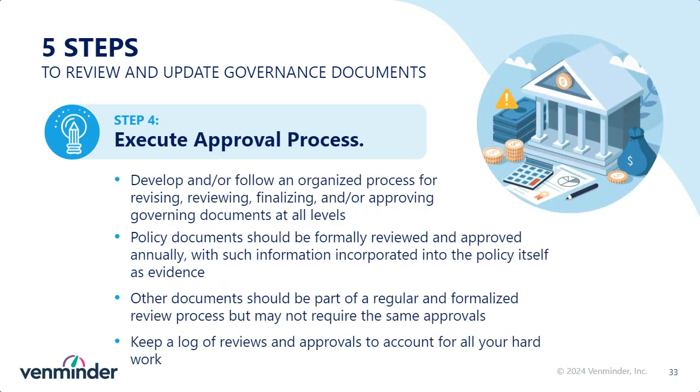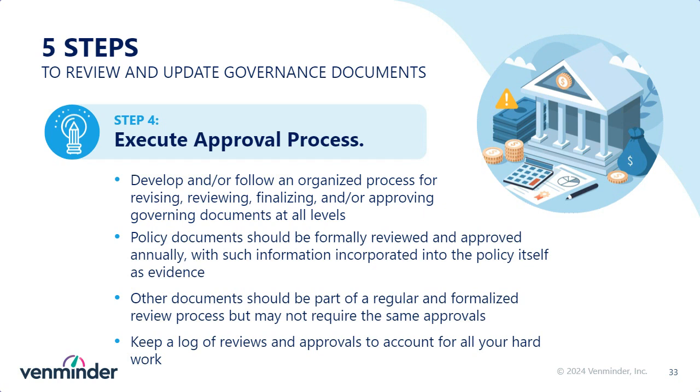All right, so we've gone out, we've identified the changes, we've made them, we've circulated these revisions with our stakeholders, we've incorporated the feedback, and we feel good that those documents are ready for approval. So now we need to go ahead and get them approved. Now for policies, most organizations are going to have a very specific process for getting a policy approved.